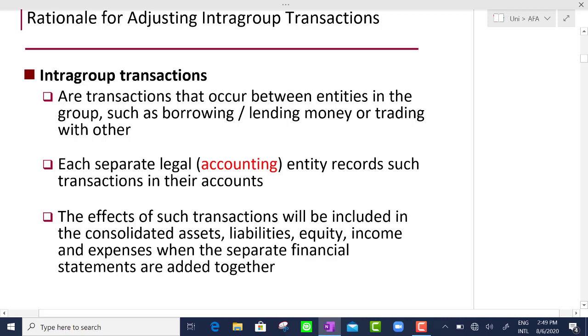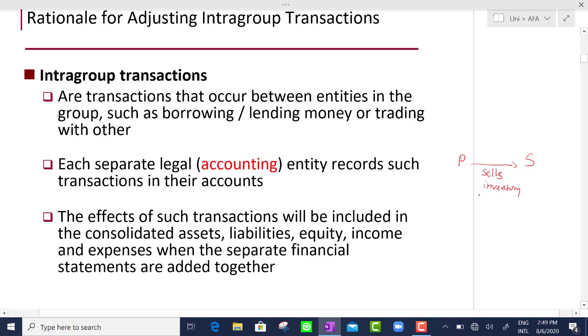Now in separate entities, these transactions are recorded. Say for example, our parent company is T, the subsidiary company is S. Parent company sells inventory to the subsidiary company.